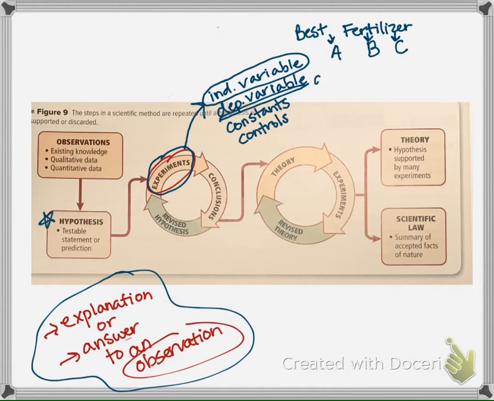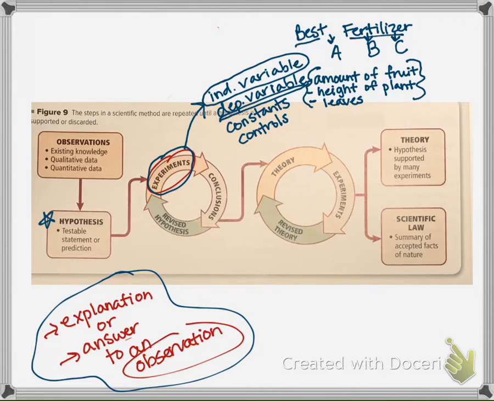So the amount of fruit, in this case a tomato, because tomatoes are fruits, or the height of the plant would be a dependent variable. Or you could see how many leaves the plant has. In theory, all of these are going to be heightened by the best fertilizer.